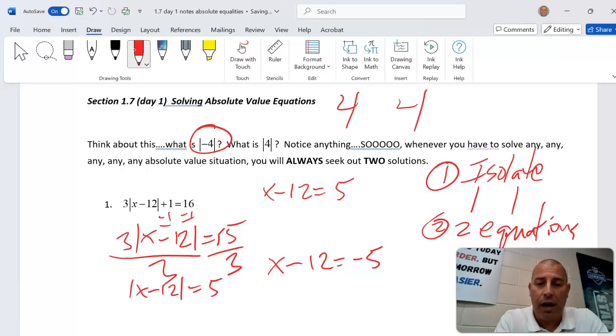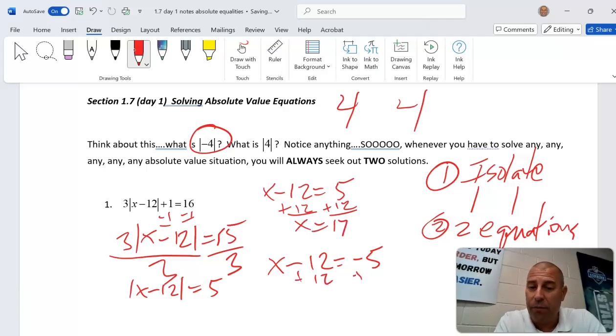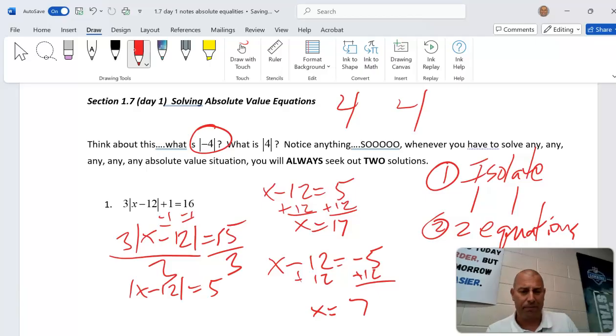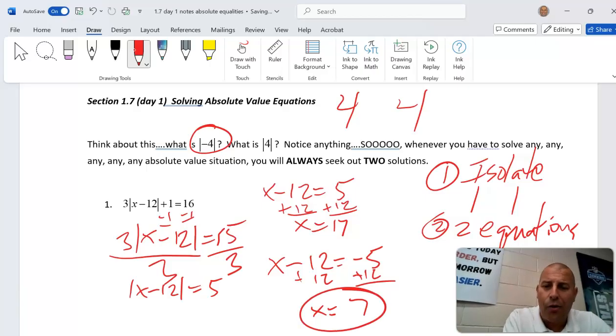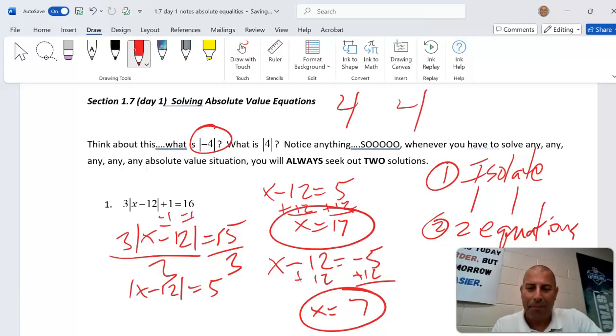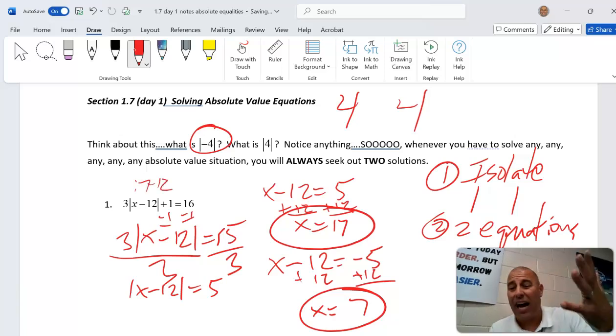So let's solve. In the first one, we'll add 12 to both sides, and we get x equals 17. For the bottom one, we're also adding 12, but this time, -5 plus 12, yeah, 7. So x equals 7. Here's the idea behind it. If we do our check step and plug it in, 17 minus 12 is 5.